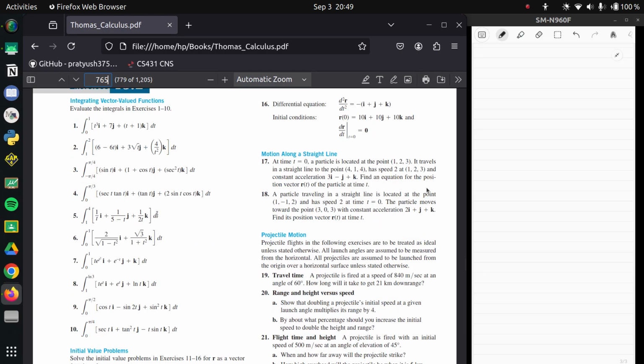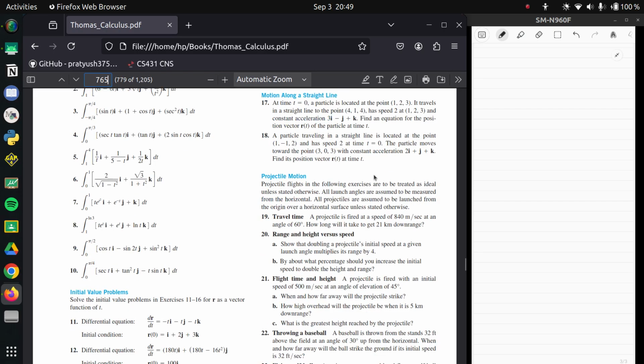A particle on a straight line, constant acceleration, find the equation for the position. Come on, ut plus half at squared is your answer. Constant acceleration. Are you serious?